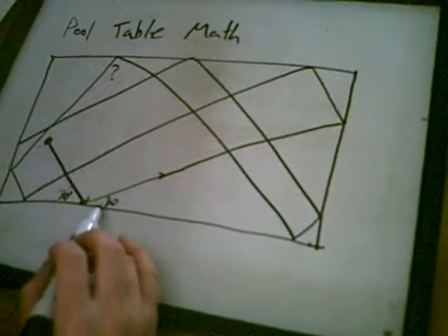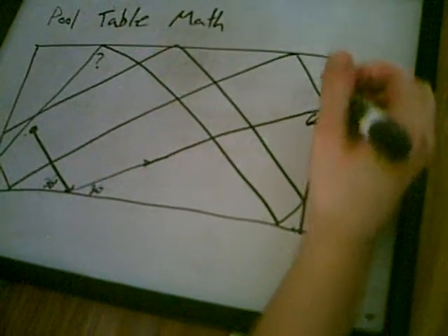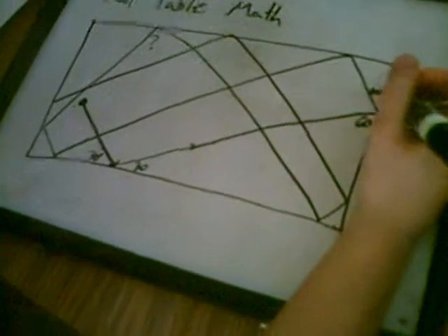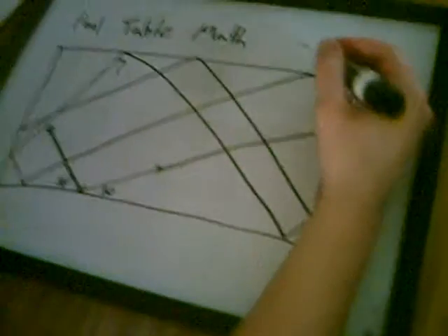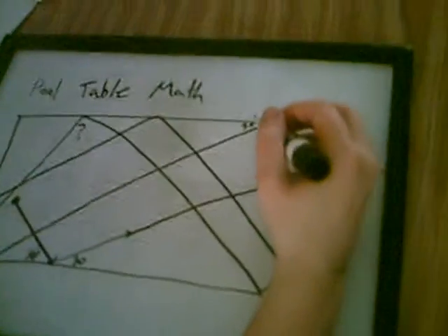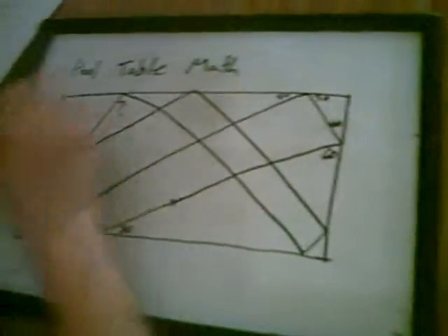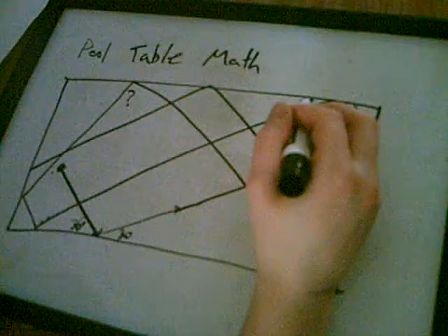This is 90 degrees, plus 30 is 120, so then this is 60 degrees. Then we know that this one here is 60 degrees. 90, 60, this is 30. And that's 30, because it bounced there. Now 30, 90, wait. Okay, this isn't the triangle there.